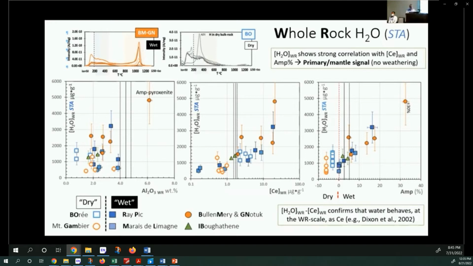Another thing that you can pick up on this graphic is that you only have significant water enrichment when your amphibole modal abundance is going way over 5 volume percent.